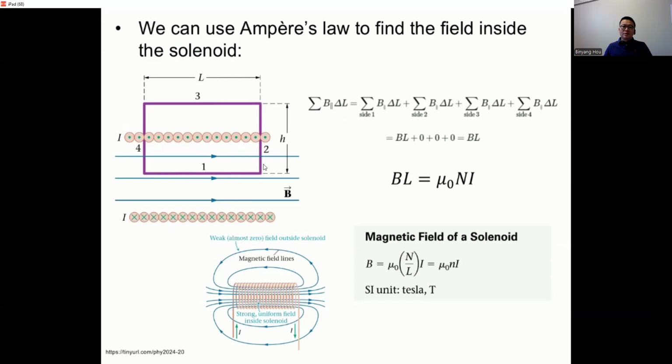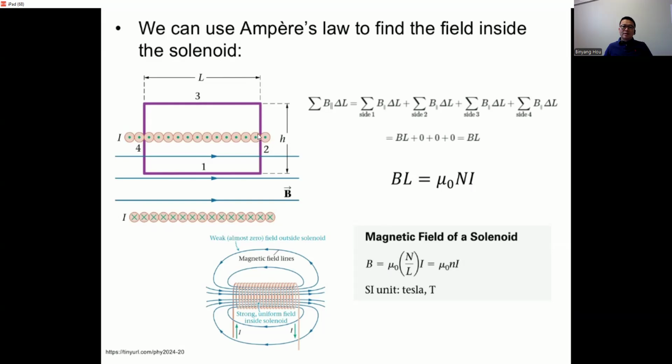Okay, so for this rectangular loop, it encloses these currents. So you can actually count how many. So it's N number of currents there. So you multiply by N. So mu naught N I here. So then the B field you can calculate. You divide both sides by L here. That gets you the B field, the magnetic field, equal to mu naught N I divided by the length L. Okay.